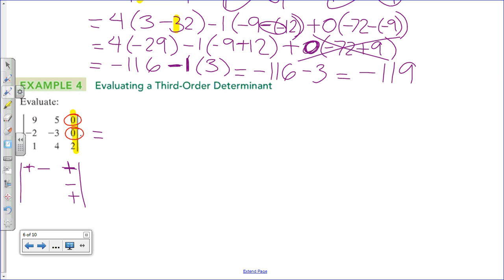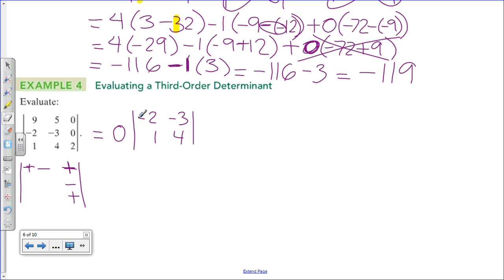So my first numerical factor, as I already explained, will be 0 for convenience. And just so you know, we cross out that column and that row, and we will have here negative 2, negative 3, 1, and 4.